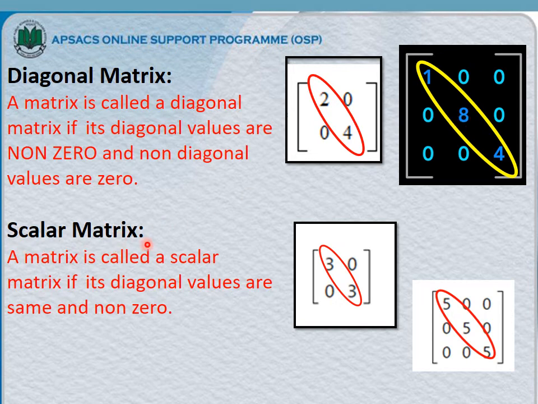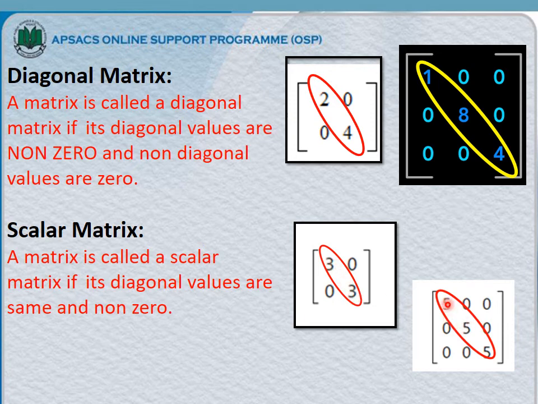Now scalar matrix. How can you link diagonal matrix with scalar matrix? A matrix is called a scalar matrix if its diagonal values are the same and non-zero. You can observe in these two examples, these are diagonal matrices, but what is the important point? Their diagonal entries are the same. In this example, diagonal entries are 3.